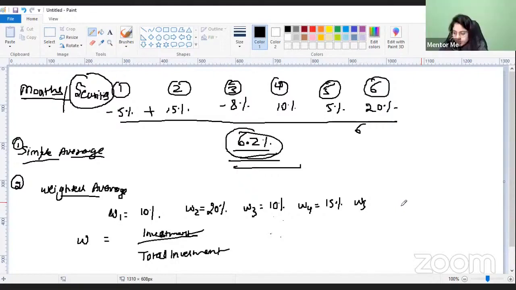We are left with 45, right? Yes. So weight 5 let's say is 20% and weight 6 is 25%. Okay, so that's how we have planned our portfolio. ठीक है, I hope this point is clear to everyone.